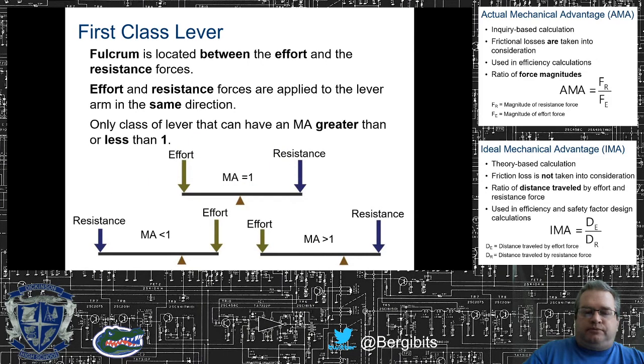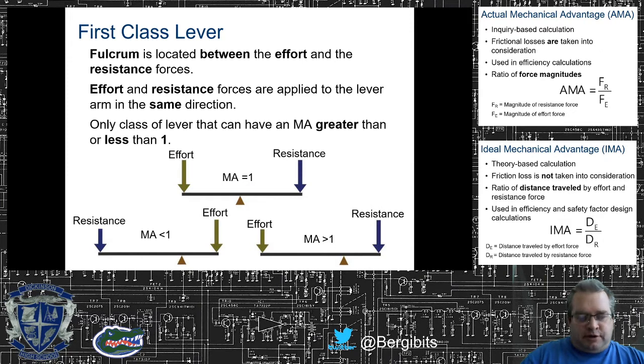Alright, so middle illustration, MA equals 1. You have a balanced lever, so your mechanical advantage is equal to 1. Equilibrium, I should have said equilibrium.